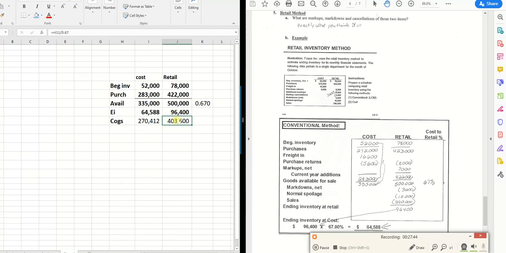So this problem is giving us this one. Then I back into this one and take 67% of it. So this number right there is sales. So think about it. The retail price of cost of goods sold is my selling price. Okay, so let me get back. That's what they're giving you here.